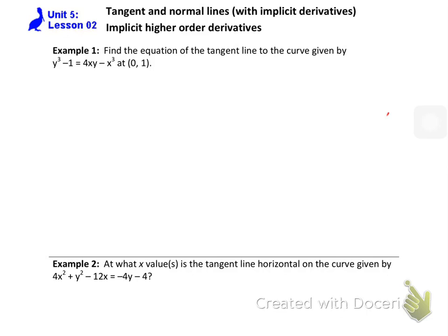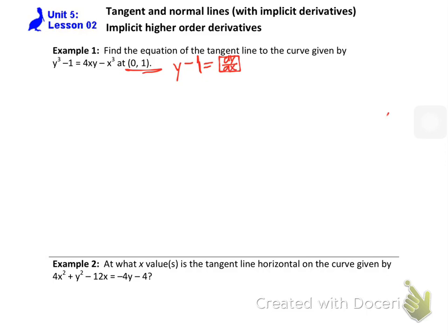And here in this problem they've already given us these two values: x is 0 and y is 1. So ultimately what we're going to do is write this equation. We already know the y value, and it's going to be equal to, and we're going to plug in the derivative right here, dy over dx.